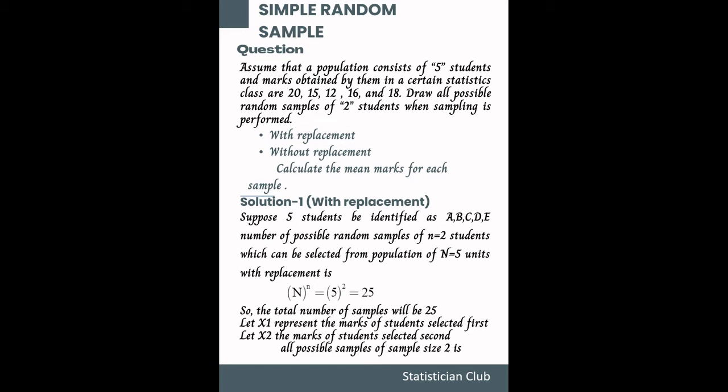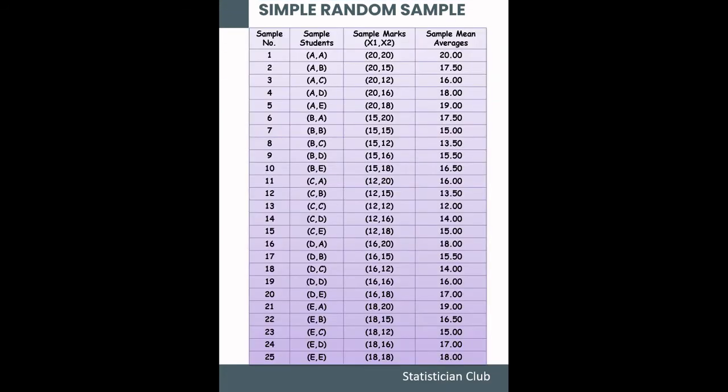So the total number of samples will be 25, and x1 represents the marks of the student selected first, x2 the marks of the student selected second. All possible samples of size 2 are shown here. The first column is the serial number or sample number, 1 to 25, because we have 25 samples.